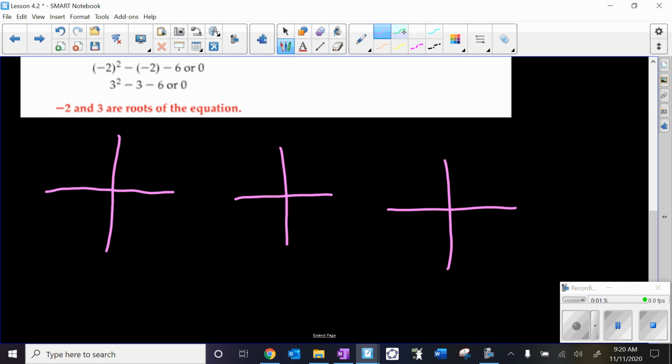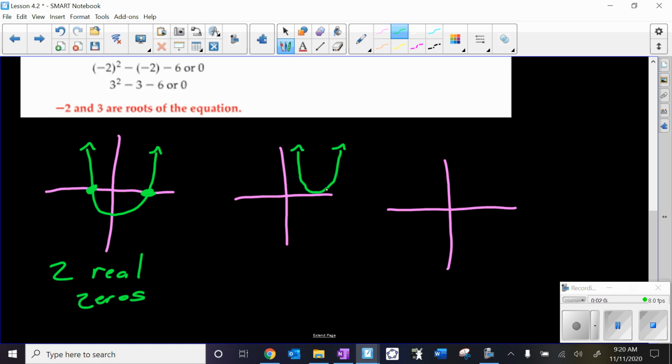The first option is where my graph goes like this. So if I think about crossing the x-axis, my solutions, or my roots, my zeros, would be in those 2 locations. So I would say in this scenario, I would have 2 real zeros, or solutions, or roots.